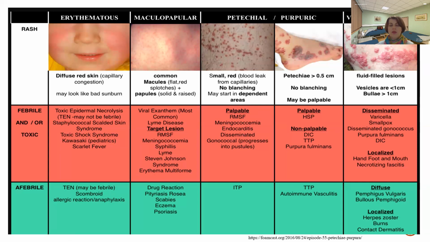In patients with meningococcemia, the cause of the rash is technically, at first, thrombosis of the small vessels with further damage of the vessel wall and appearance of hemorrhage.